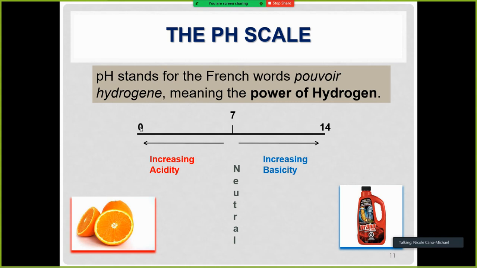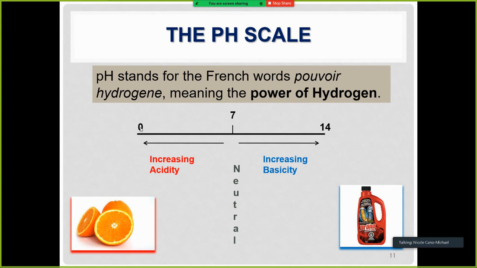Going to the other side, anything from 7 to 14 is basic. Moving further away from 7, into your 12s, 13s, 14s, those are where your strong bases are.